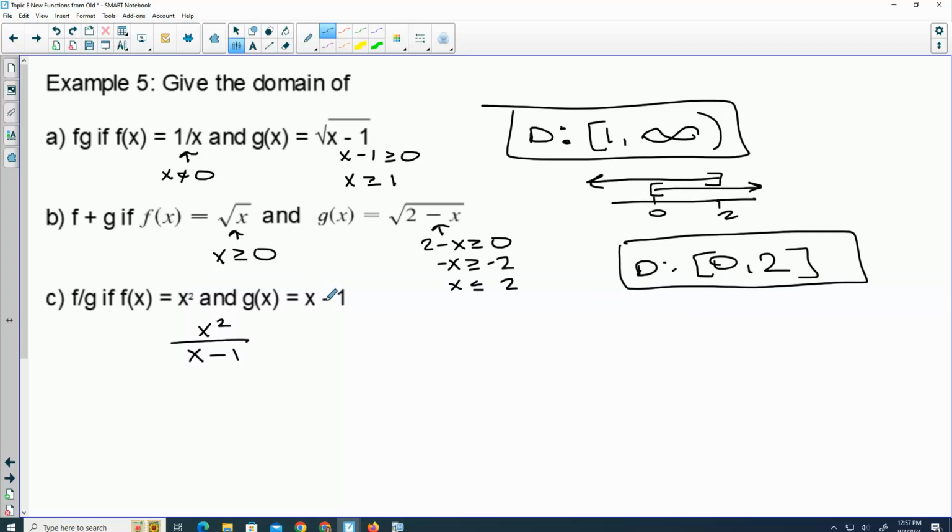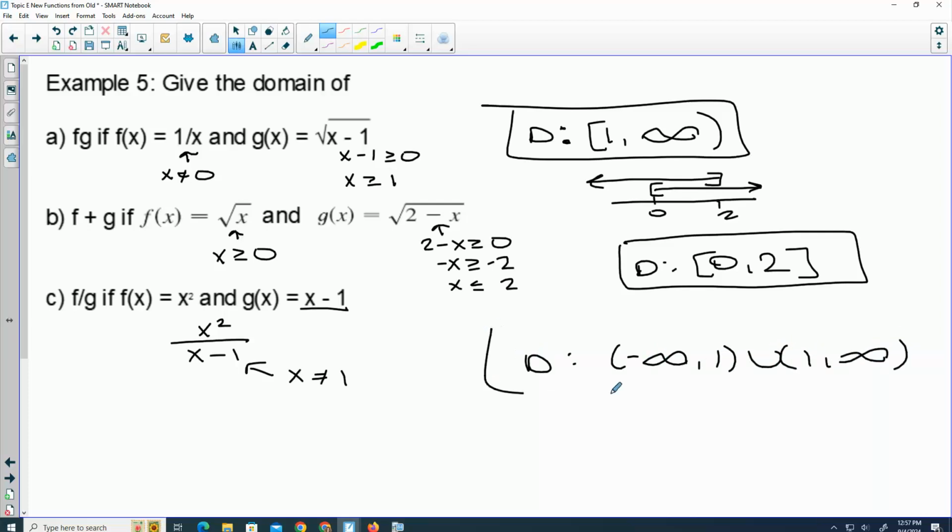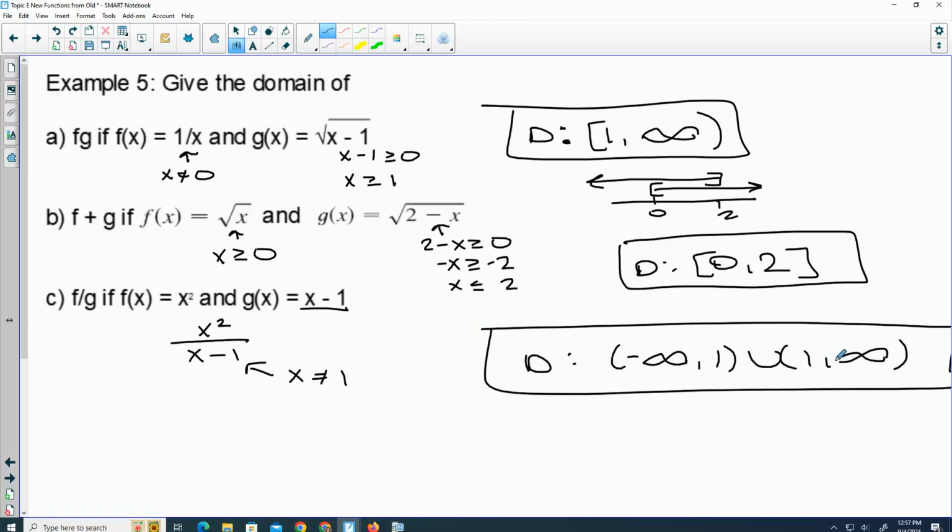No. So x minus 1 by itself isn't the problem, but when I divide them, now the denominator can't be 0, so x can't be 1. How do we write that? Negative infinity to 1, union, 1 to infinity. All right. So, practicing our domain rules as well as combining them in functions.